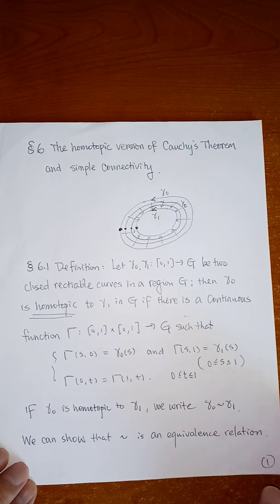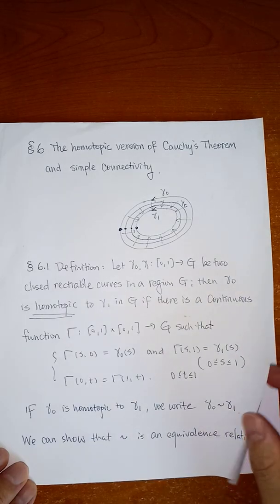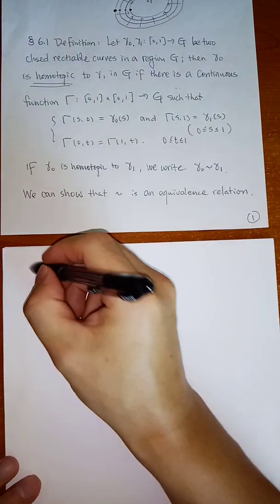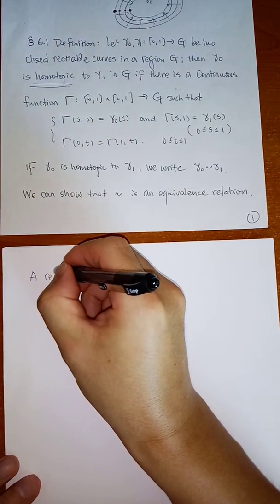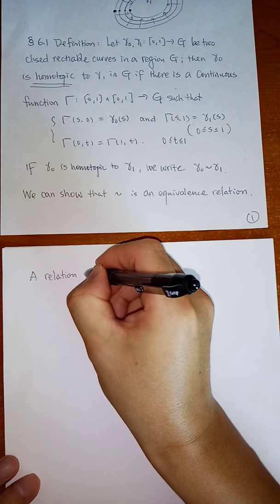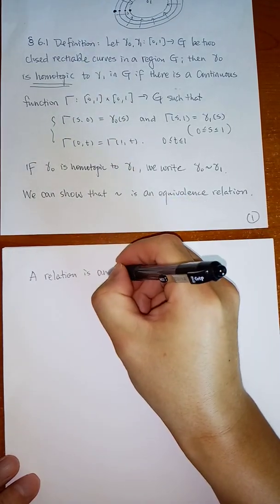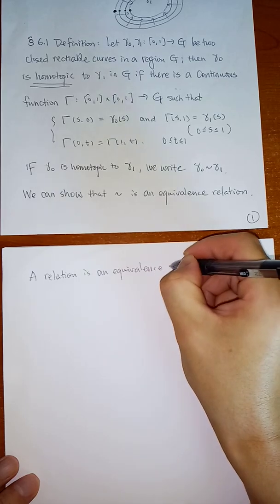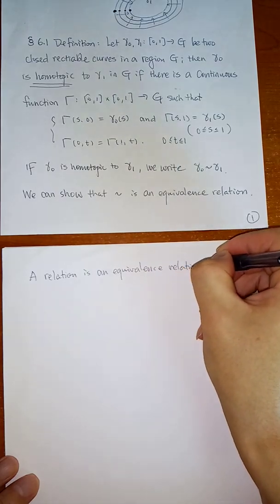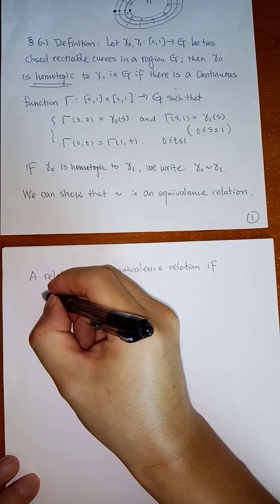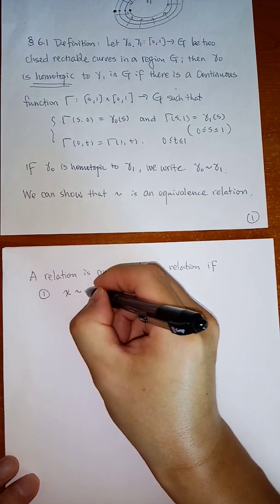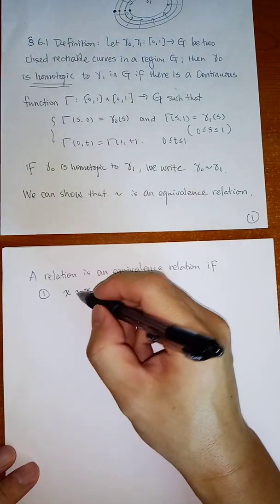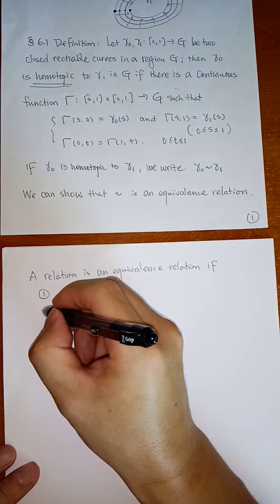Okay, so what is an equivalence relation? A relation is an equivalence relation if, first, an element under consideration is equivalent to itself.